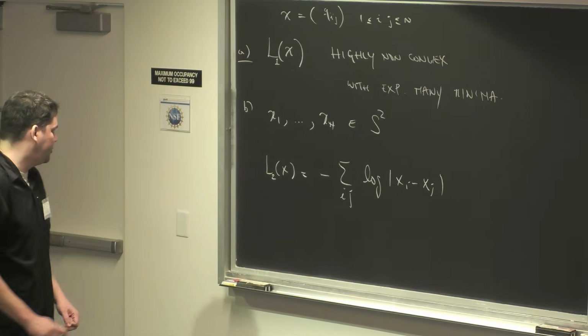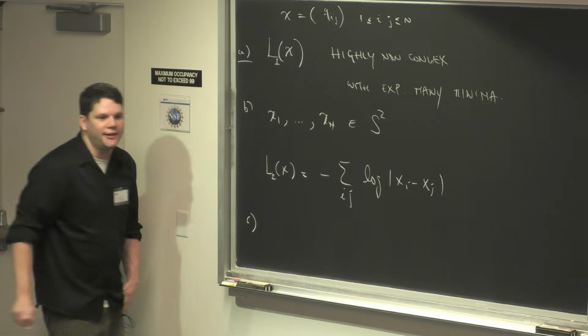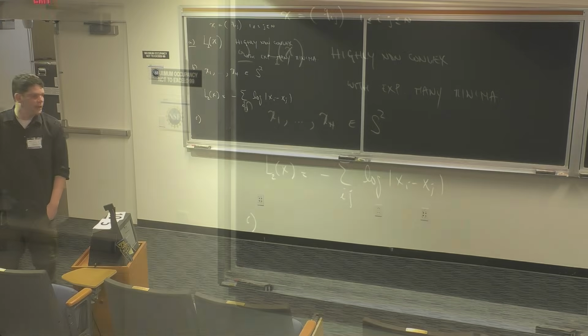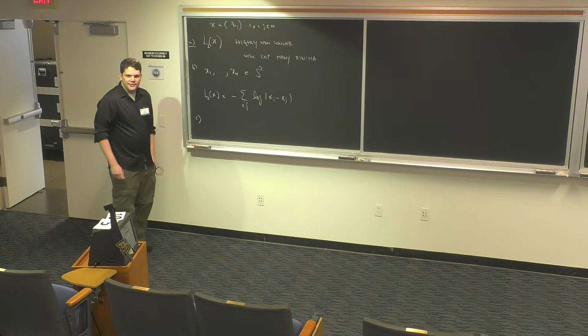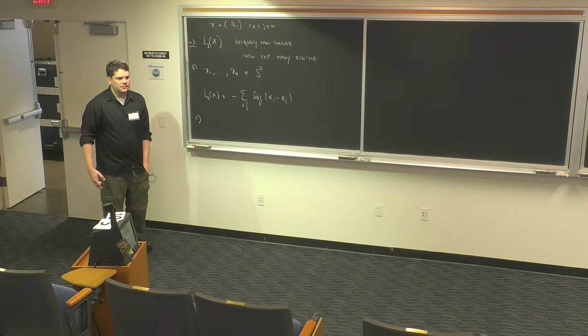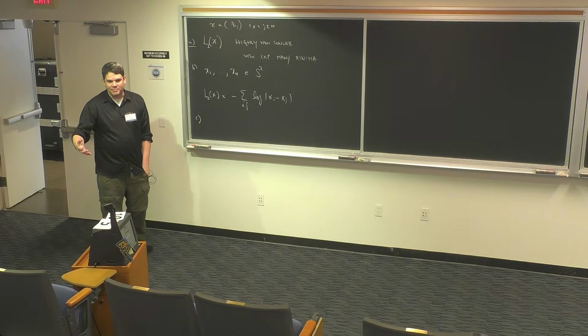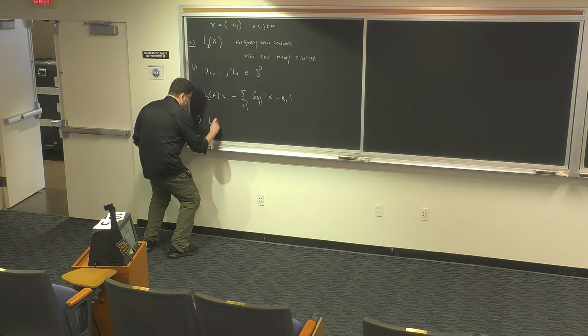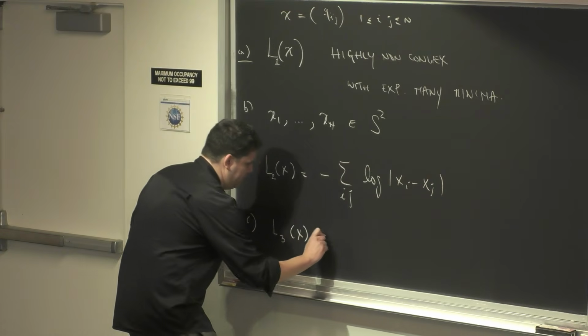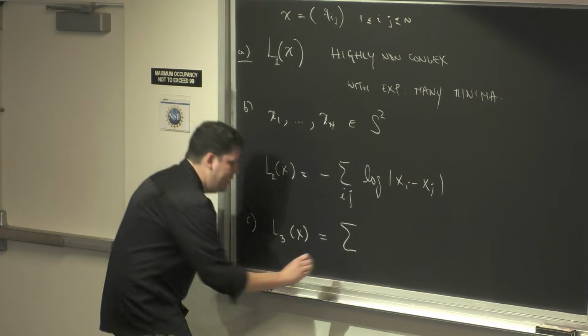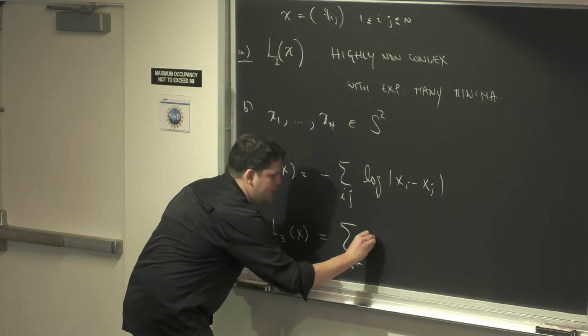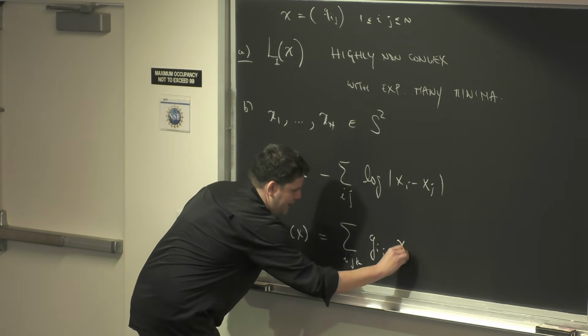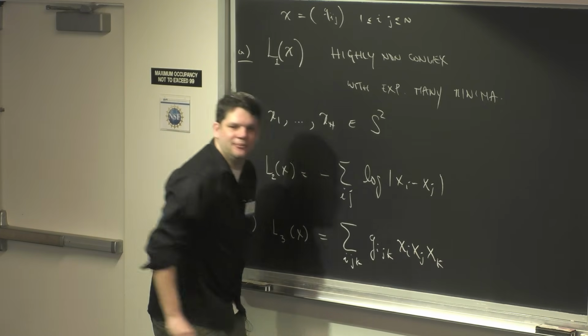The third case, and this is the place where I come from, is imagine that you just take a random function in high dimensions. The simplest function that I have in mind is a polynomial. I'll make it even simpler. I'll just pick a random monomial. So I'll pick my function L3 of x to be the sum over i, j, k of some random coefficients times xi xj xk.